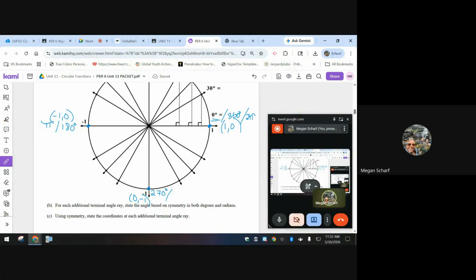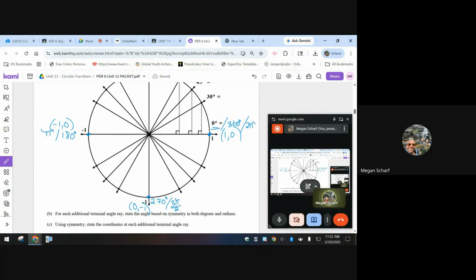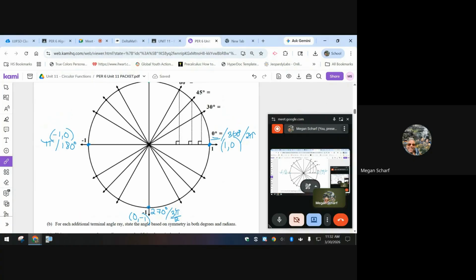Practice, because this is like part of your quiz. What do you get? Okay, so now you just put the pi with the numerator. So it's 3 pi over 2. Okay, you guys all right? Okay, so that is one set of color.